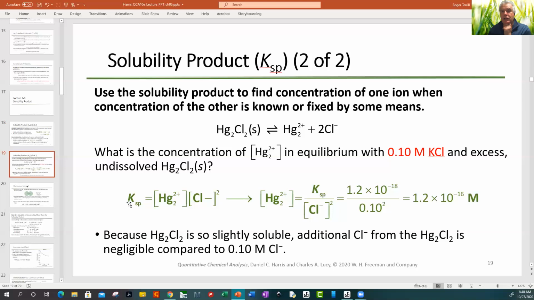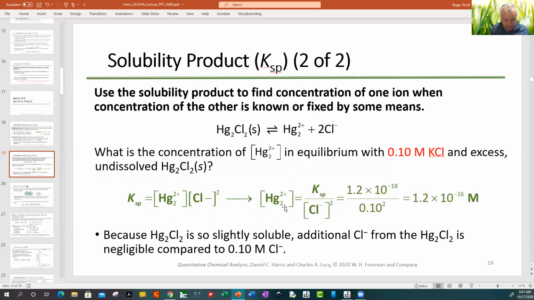So we've got KSP equals Hg2 2+ times Cl minus squared, right? And so we can solve for Hg2 2+, and that will equal KSP over 0.1 squared, which is 1.2 times 10 to the minus 16 molar, right?